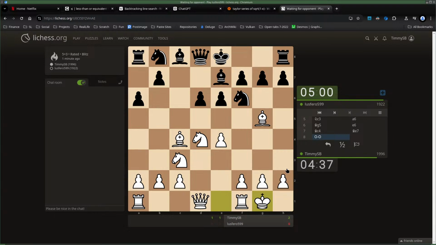Uh-oh, I lost the pawn. Yeah, no, he doesn't see it. I think you can just take here. And then if I take the bishop, continue taking. Pretty sure of that.